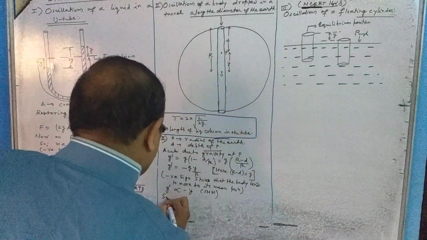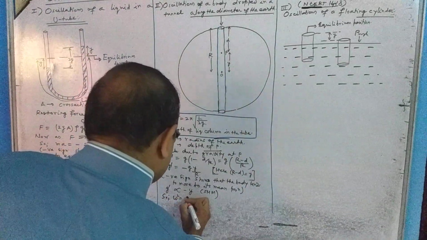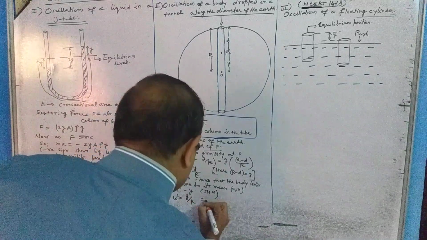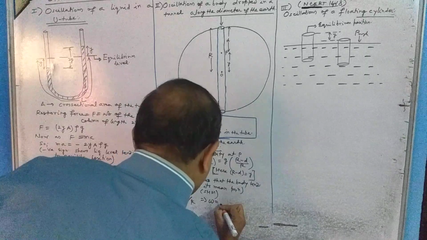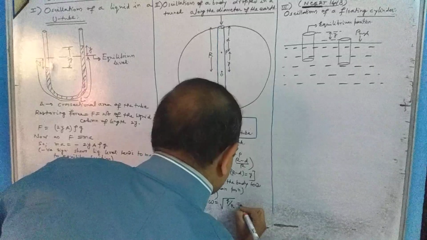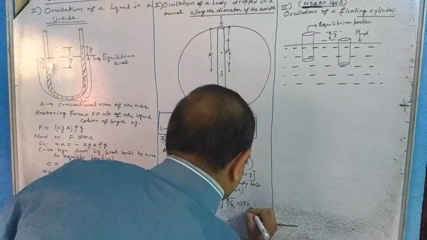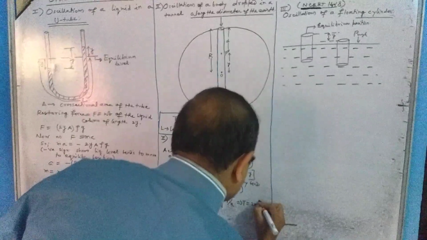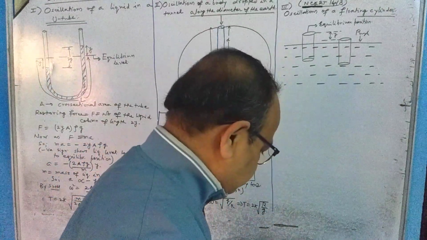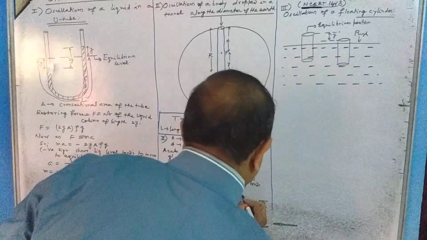So omega square is equal to g by R, which implies omega is equal to root of g by R, which implies T is equal to 2π root of R by g. This is the final expression.